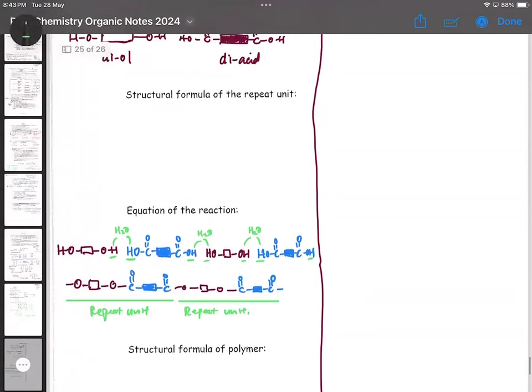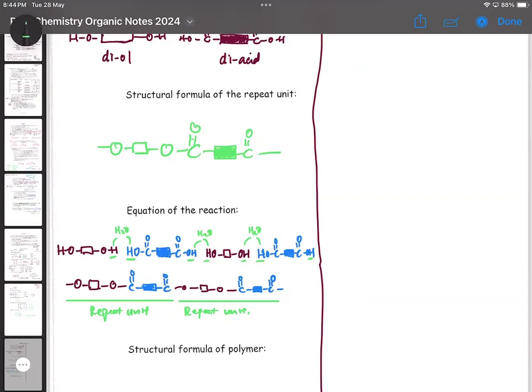So the answer for the repeat unit will be this one. Okay, this is the repeat unit. Any question?